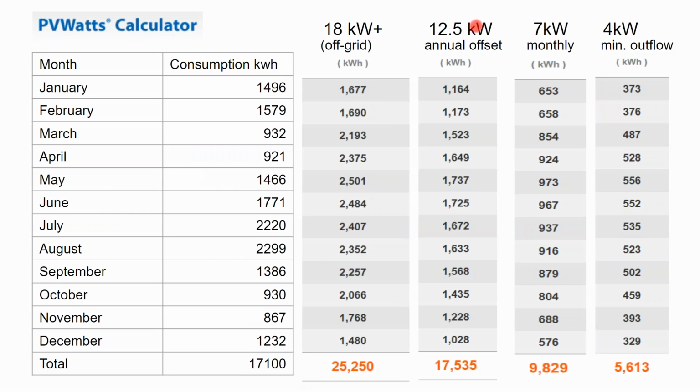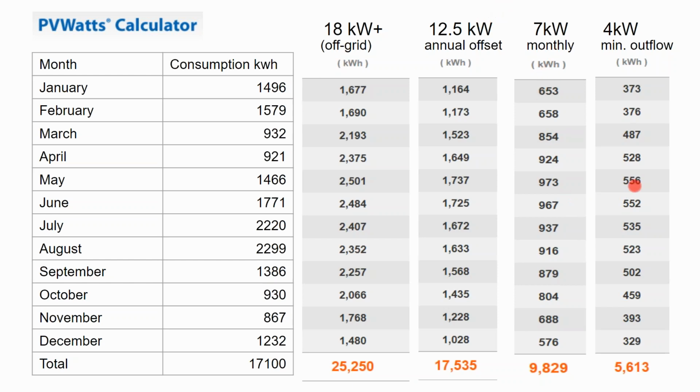Or if I didn't have annual net metering, but I had month-to-month net metering, I might be looking to offset not my annual consumption, but to say, okay, I'm going to do a large enough array to offset March and April. And then I have a little bit of electric bill in summer and winter.